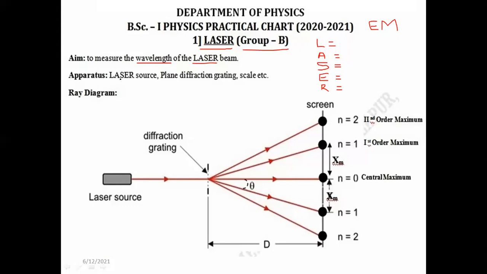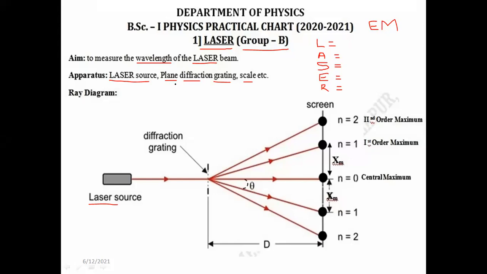The apparatus required for this experiment are a laser source, as shown in this diagram, then a plane diffraction grating and a scale, etc. In paper two, in optics and laser paper, you have studied everything about laser source, production of laser, types of laser, population inversion, Einstein's coefficients, pumping, optical pumping, mechanical and electrical pumping, ruby laser, helium neon laser, properties of laser, applications of laser, etc., from Kamunde madam.